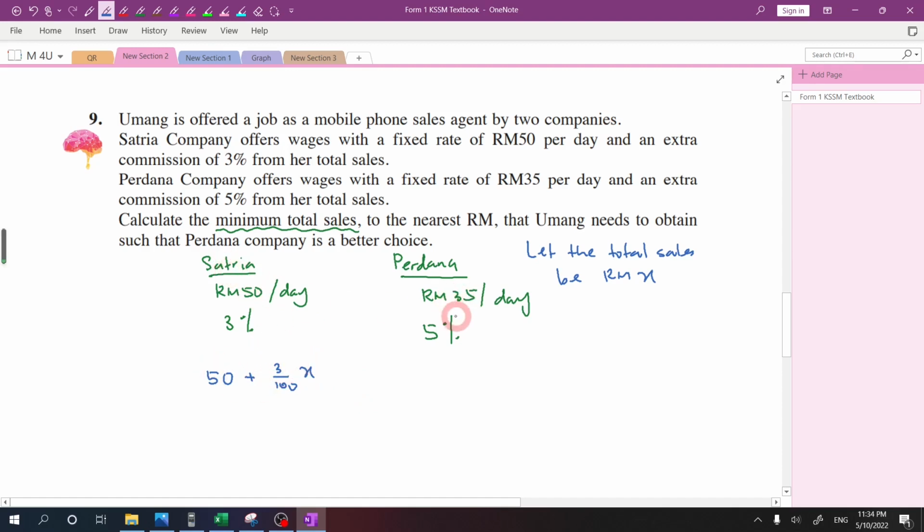So how about Pradana company? 35 ringgit per day plus 5%. It will be 5 over 100 of the total sales.